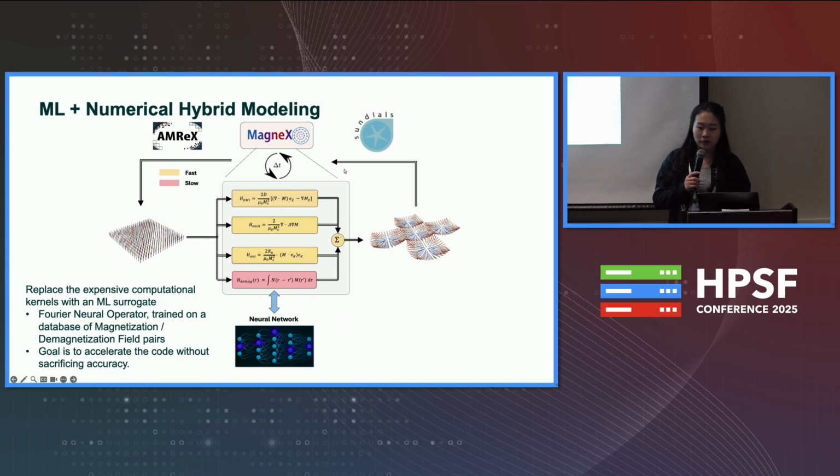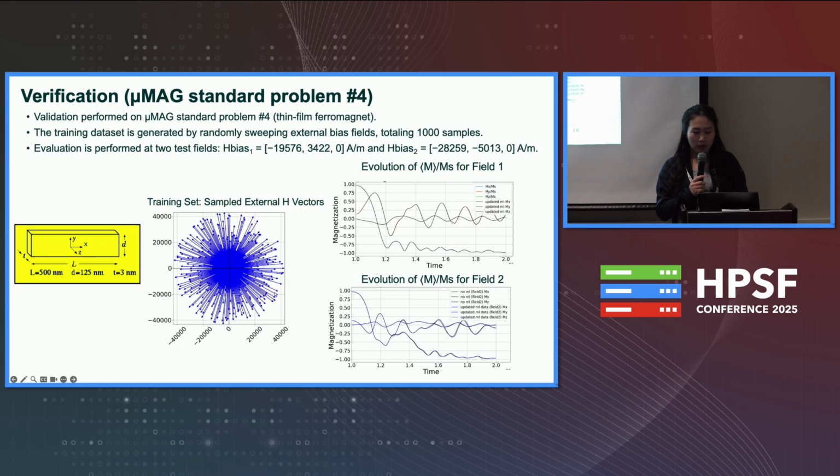So this is a hybrid modeling system, meaning that we're still doing numerical modeling for the other terms, but we're using a neural network, which is FNO, to do the demagnetization, which is one of the key terms here. And here is the demonstration for standard problem 4 with the FFT part replaced by FNO.